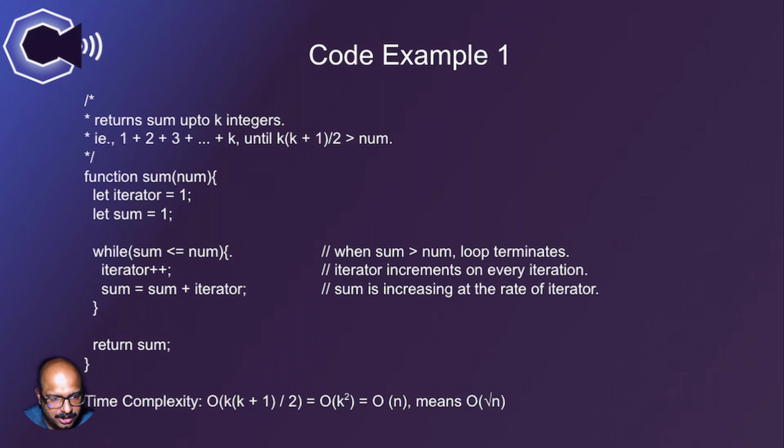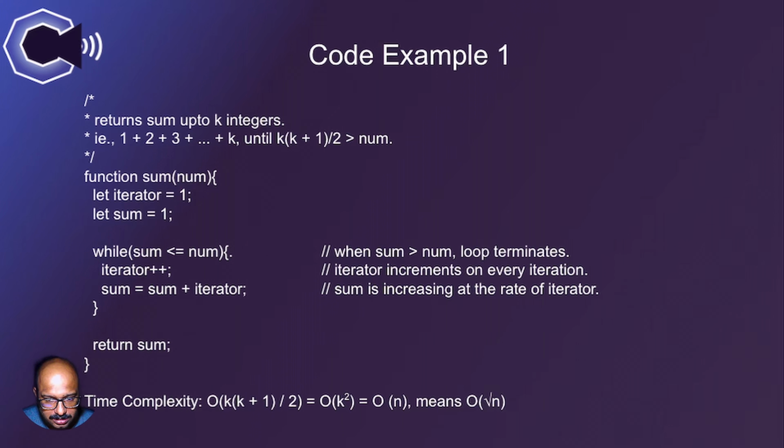As we have already said, the while loop terminates when sum is greater than num. At every iteration, sum equals the previous sum plus the iterator, but the iterator also increases before taking the sum for that particular iteration.